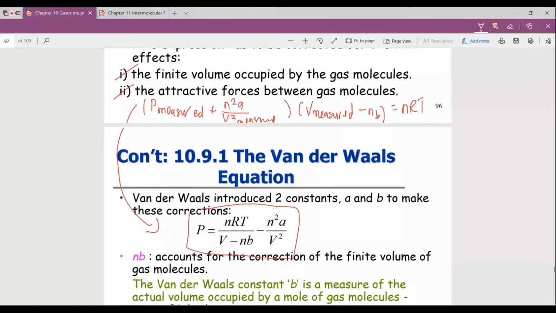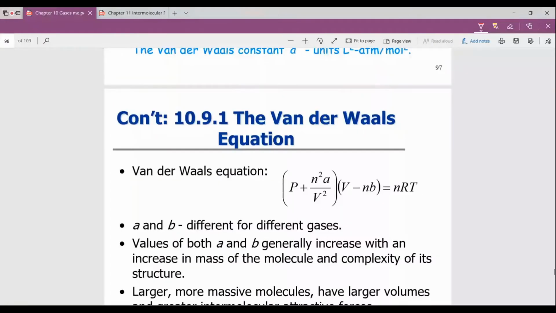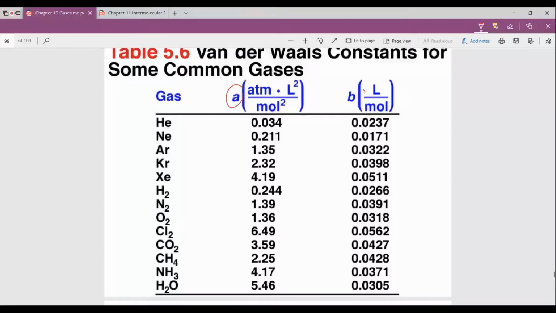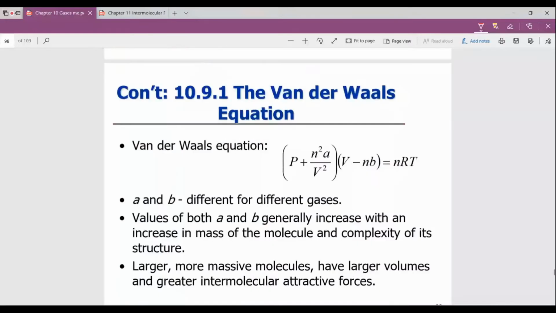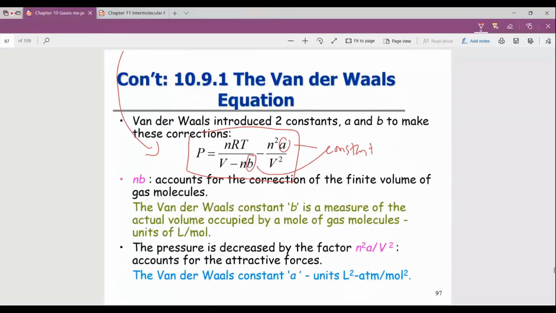P is pressure, n is number of moles, R is the gas constant, T is temperature, V is volume, and a and b are constants. The constants are given in the table here, for each selected gas.